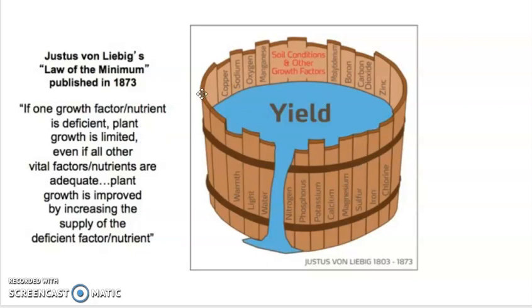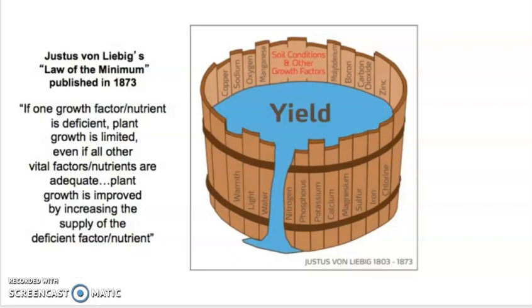They show all the possible nutrients here: zinc, carbon dioxide, boron, soil condition, water, calcium, all sorts of nutrients that a plant may need. And if one of them is less, then the plant will stop growing.